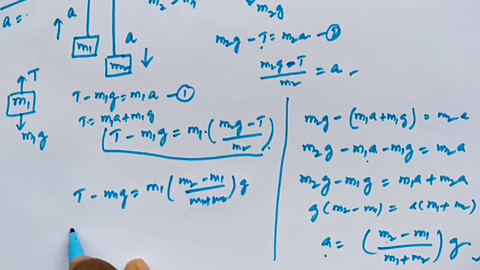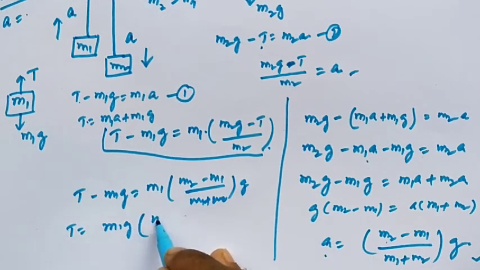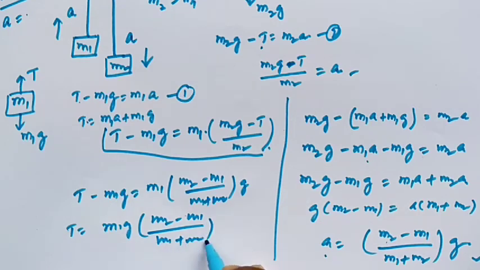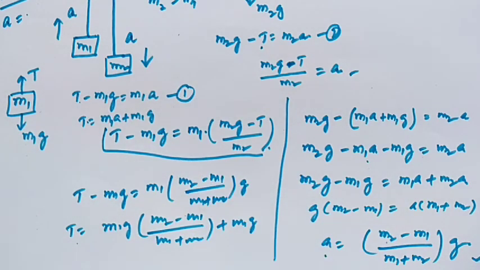Now send m1g to that side: T is equal to m1g times (m2 minus m1) by (m1 plus m2), plus m1g.